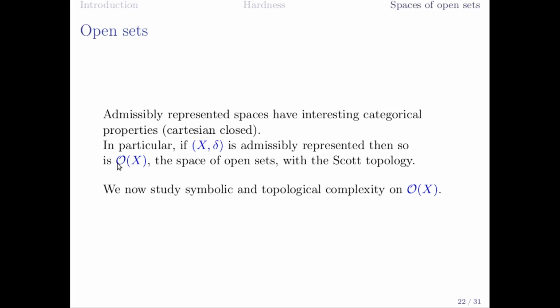So you have a very natural representation of the space of open sets, and the topology associated is the Scott topology, which is a very standard topology. We want to investigate descriptive complexity on that space and compare the symbolic and the topological versions of complexity.